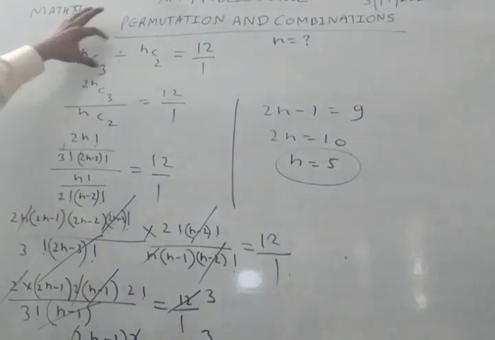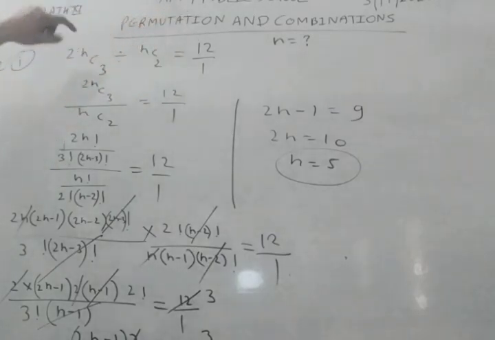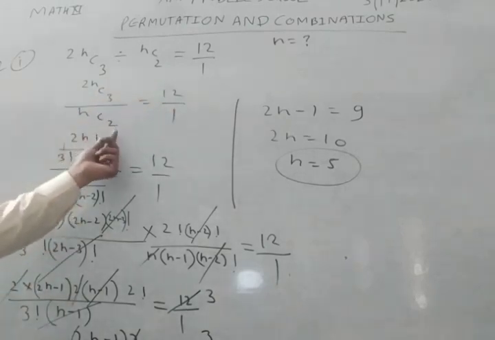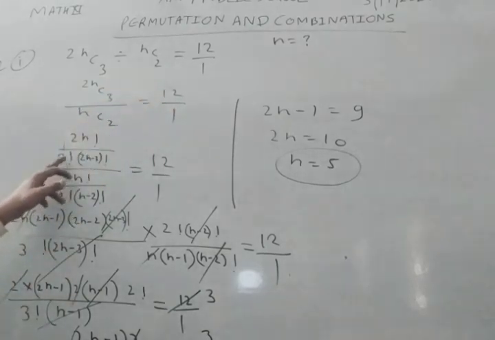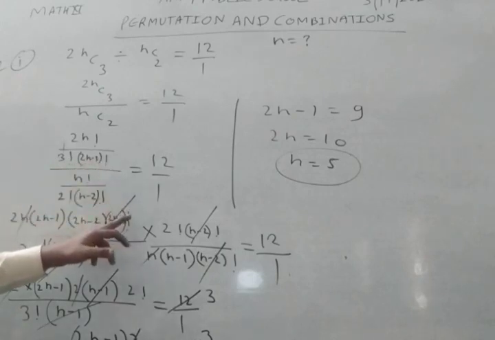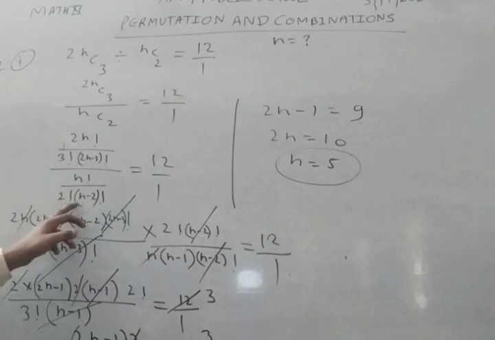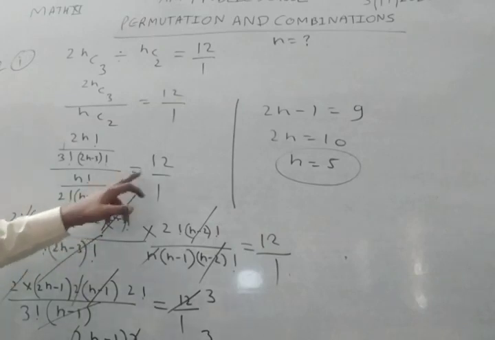We are given this is equal to 12 by 1. So 2nC3 divided by nC2 is equal to 12 by 1. So we can write factorial 2n divided by factorial 3 factorial 2n minus 3, and this term factorial n divided by factorial 2 factorial n minus 2 is equal to 12 by 1.